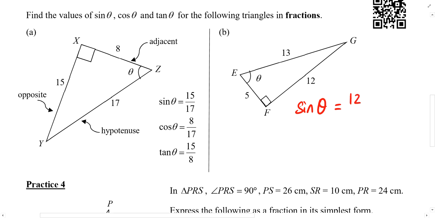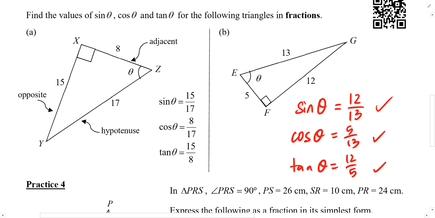And hypotenuse? Good. What about cosine theta? Which one over which one? Good, 5 over 13. And the last one, tangent theta is how much? 12 over 5. So in order to do all this correctly, you must be able to identify where are our adjacent, opposite, and hypotenuse.